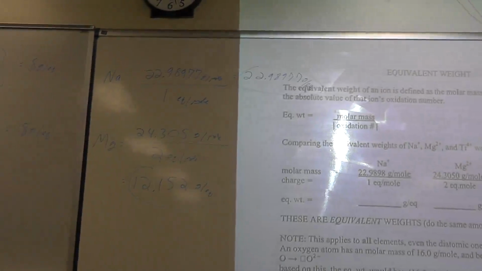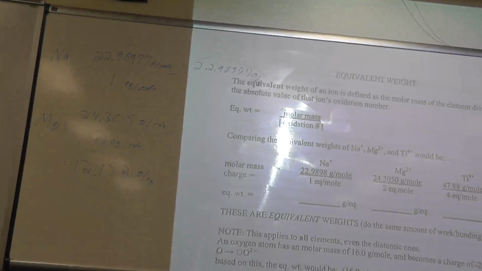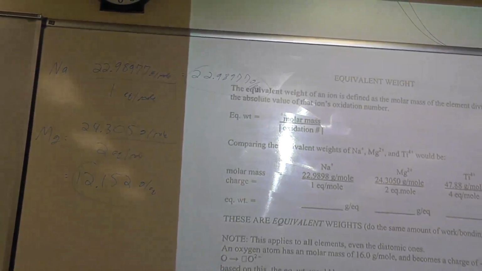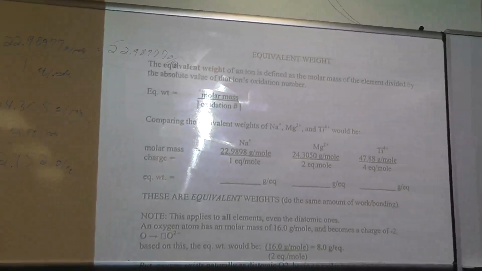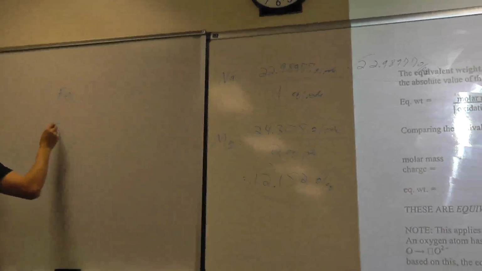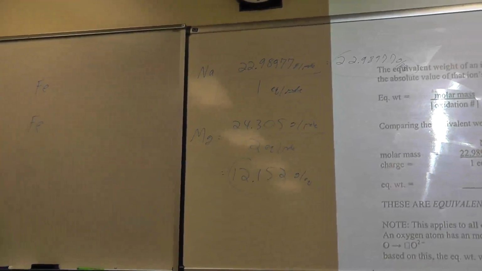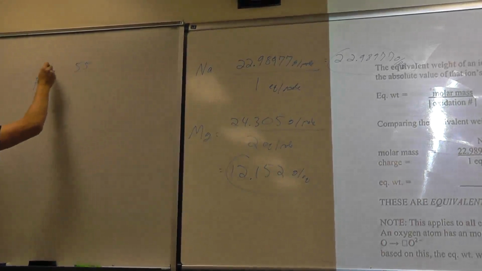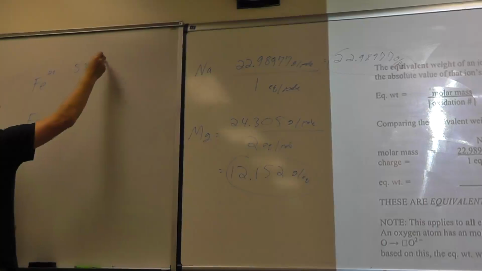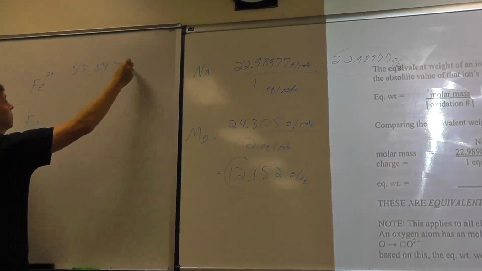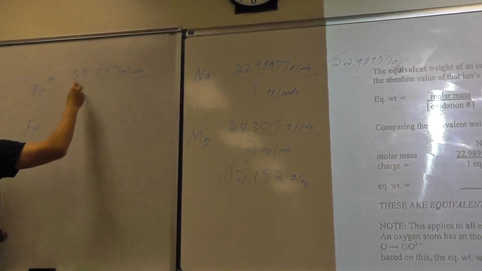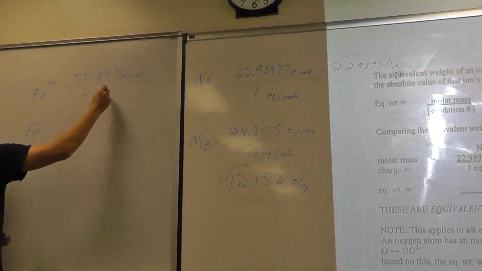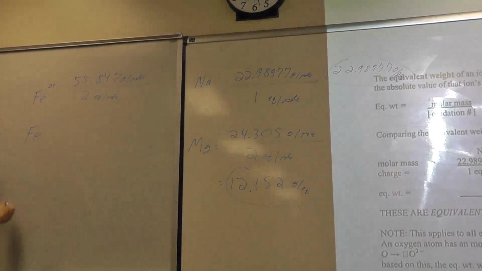The one thing you do have to be careful about is things like iron. Because iron can have multiple charges. If you're talking about iron 2, then this is its molar mass, and this is its charge.